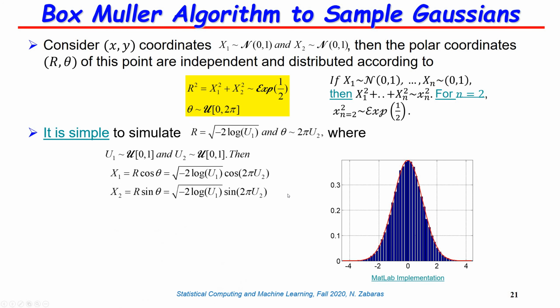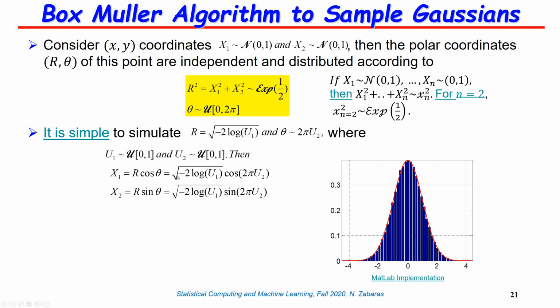So here is the algorithm on how you generate independent samples x1 and x2 from the univariate Gaussian. You take a sample u1 from the uniform distribution from 0 to 1, and you compute a sample from the exponential with parameter 1/2. So a sample of r squared is -2 log of u1.